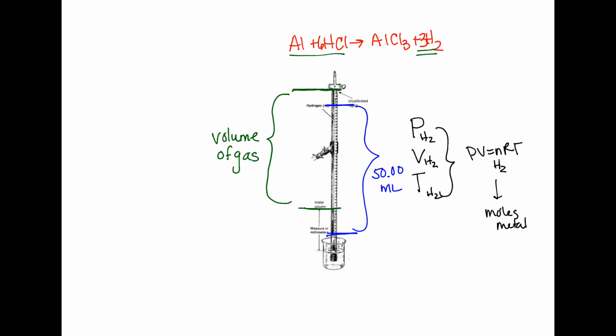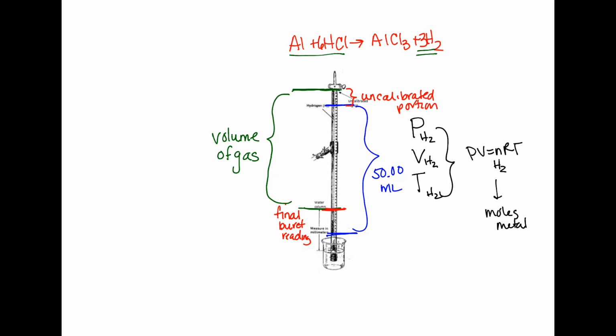In your procedure, it's going to ask you to find this uncalibrated portion. It's also going to ask you to record the final burette reading, which would be right there.